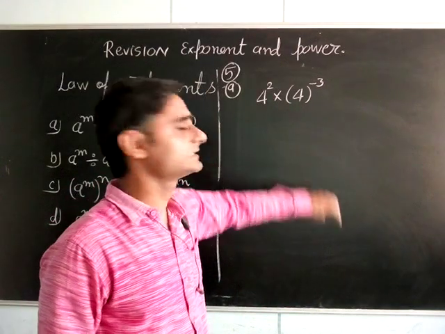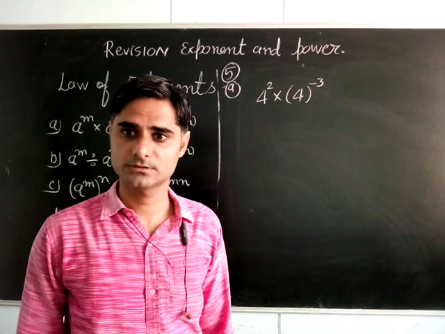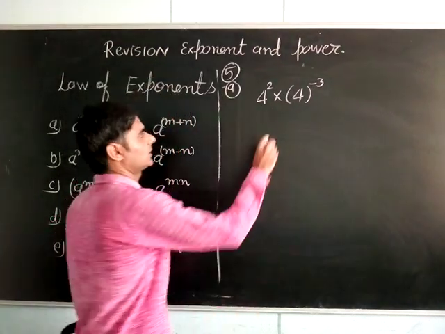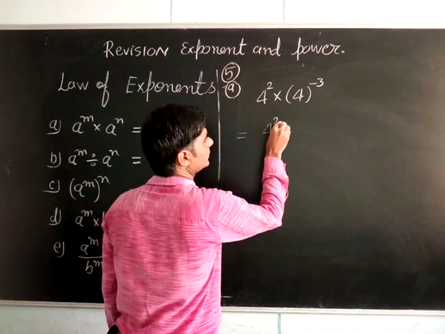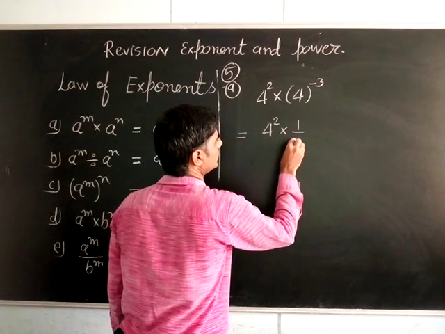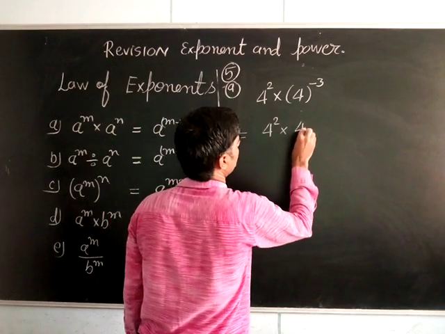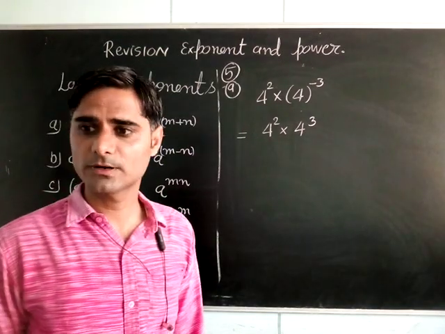Well, we will take the reciprocal of the numbers. Will the sign of the power change or not? Yes. How will we change? See, this will be equal to 4 power 2 multiplied by 1 upon 4, so this will be equal to 4 power plus 3 only. Okay? The sign of the power will change, right?